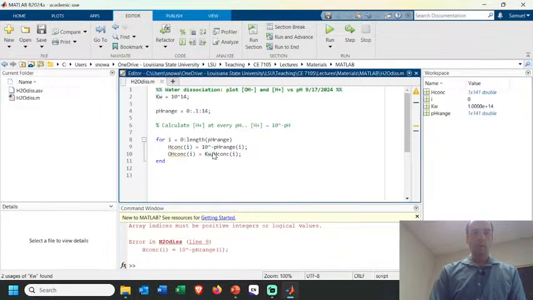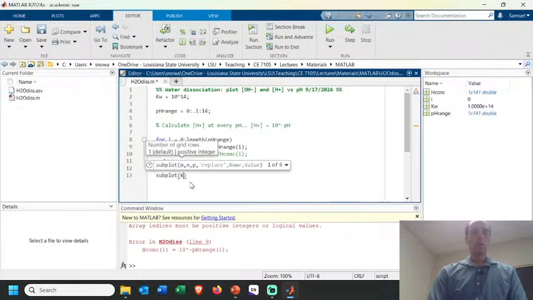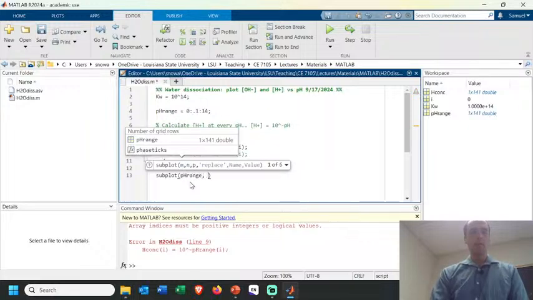Let's, for the sake of brevity, kill that and say plot, do subplot. Subplot, the first one is typically your, I think, X, so that would be pH range, then your Y, H concentration. Oh, I'm sorry, that's the wrong thing.